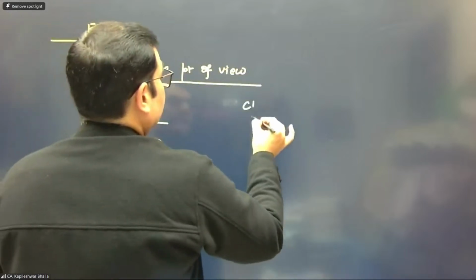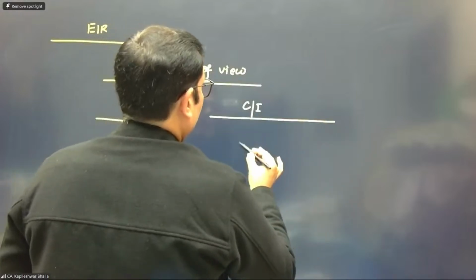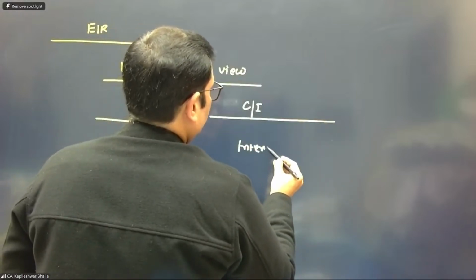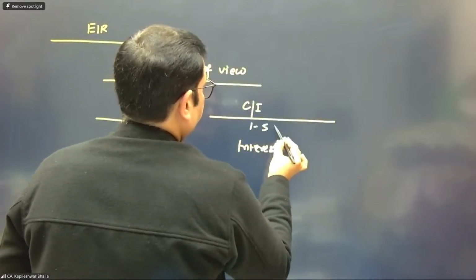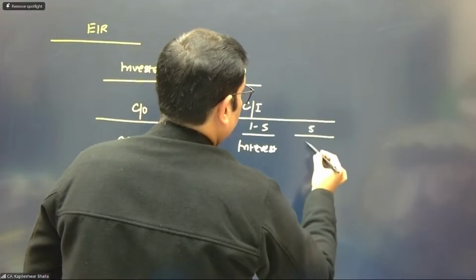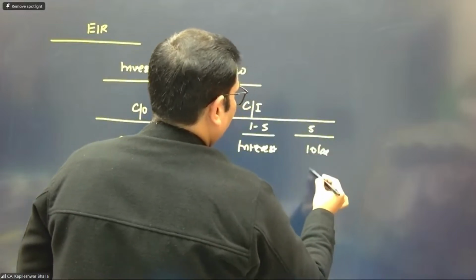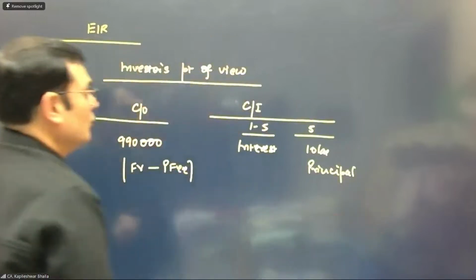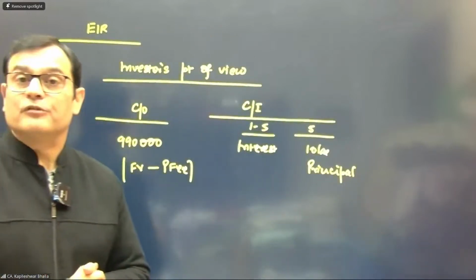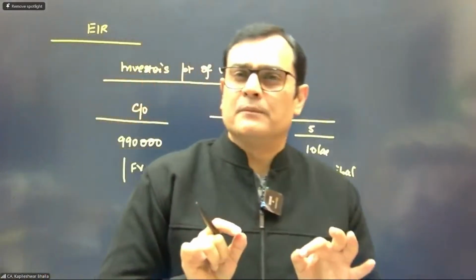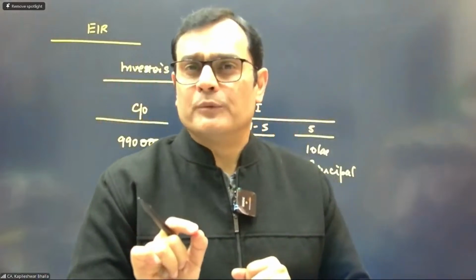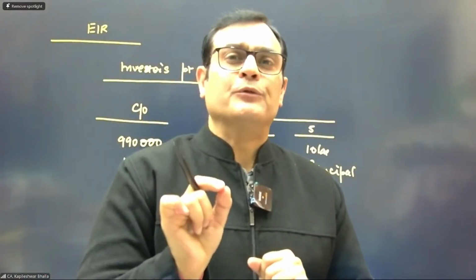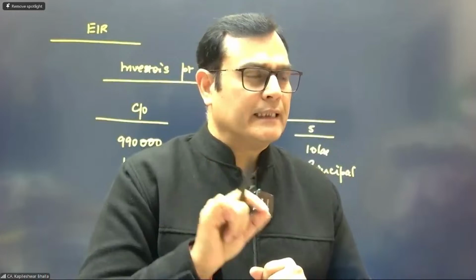And then you organize the cash inflow, which is in the form of interest, which you will get for the next 5 years. And at the end of the 5th year, you're going to get the principal money back as well. So what you need to do in this particular case now is calculate the internal rate of return. Organize the input. What is the discounting rate at which the present value of inflows equals 990?